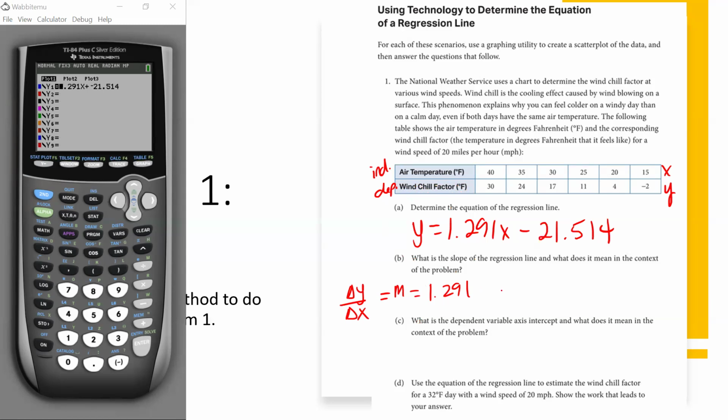The chill factor. So it's the degree of chill factor. So when you think about writing what your slope means, think of it as y per x, okay? So think of y per x. So your y per your x. And what does your x mean? Air temperature, the degree of air temperature.